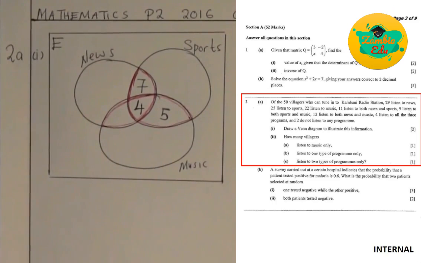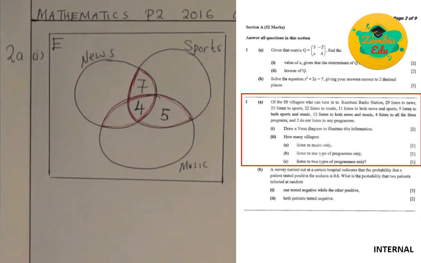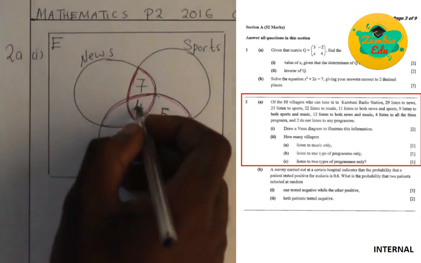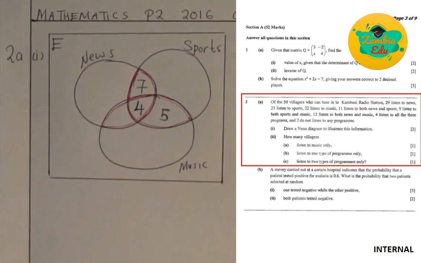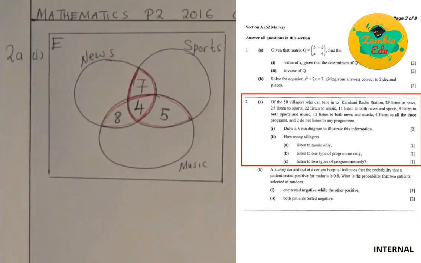It represents those people that listened to news and music. So 12 is the total. We already have our 4 there, so we do 12 take away 4, and we have our 8 as the answer. Having done that, we are now through with the intersections.